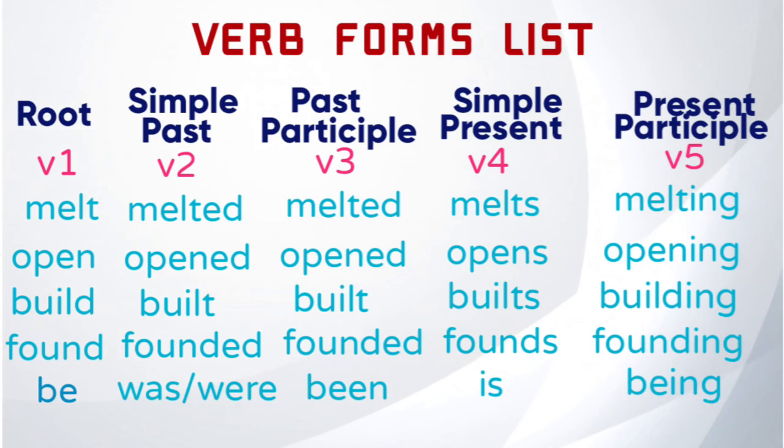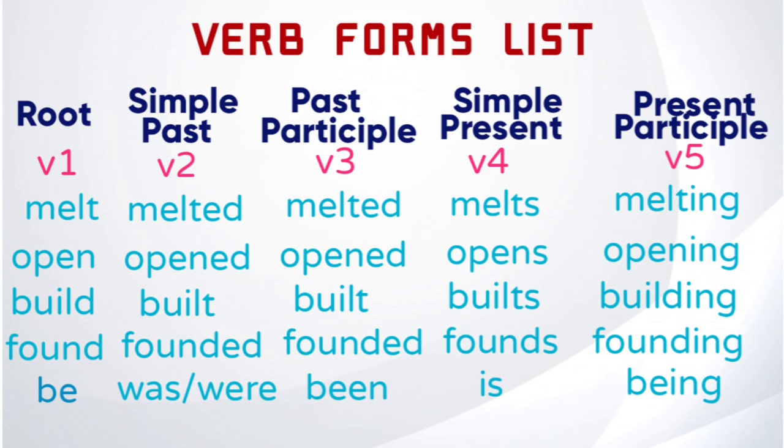Let's look at this verb forms list, which will help you to understand this topic more clearly. Here, see the columns: first is the root, which is the base form, V1, that is verb form 1; simple past, verb form 2, V2; past participle, verb form 3, V3; simple present, verb form 4, V4; and present participle, verb form 5, V5.